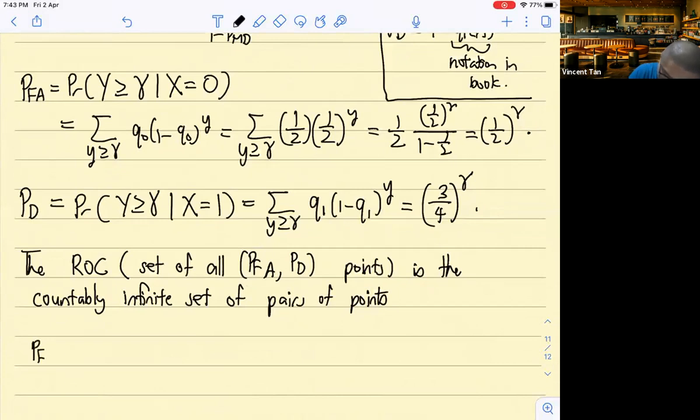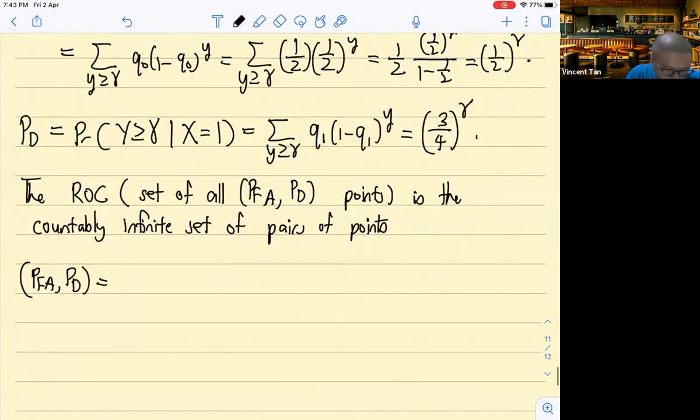So now I have PFA, PD, and I change my gamma. Gamma can be running from 0 onwards: 0, 1, 2, 3, 4, and so on.